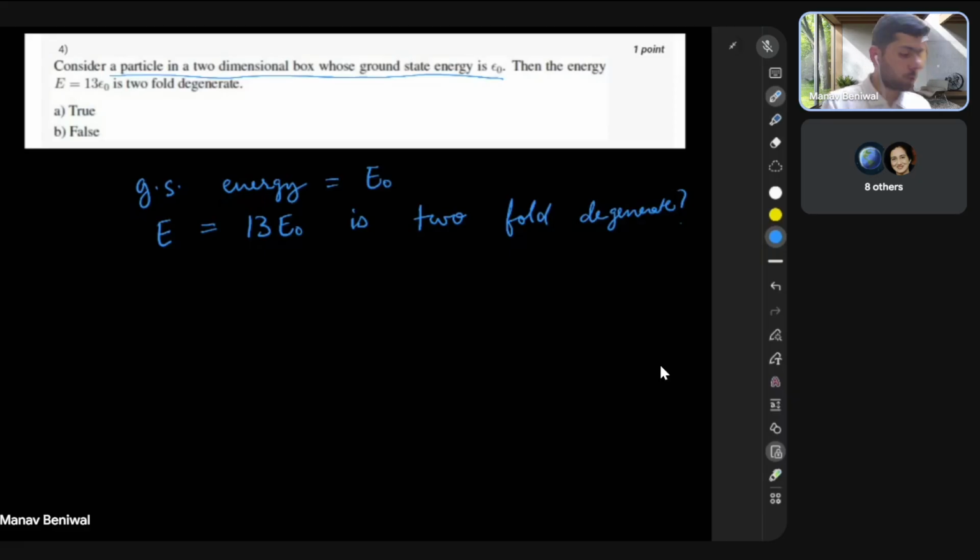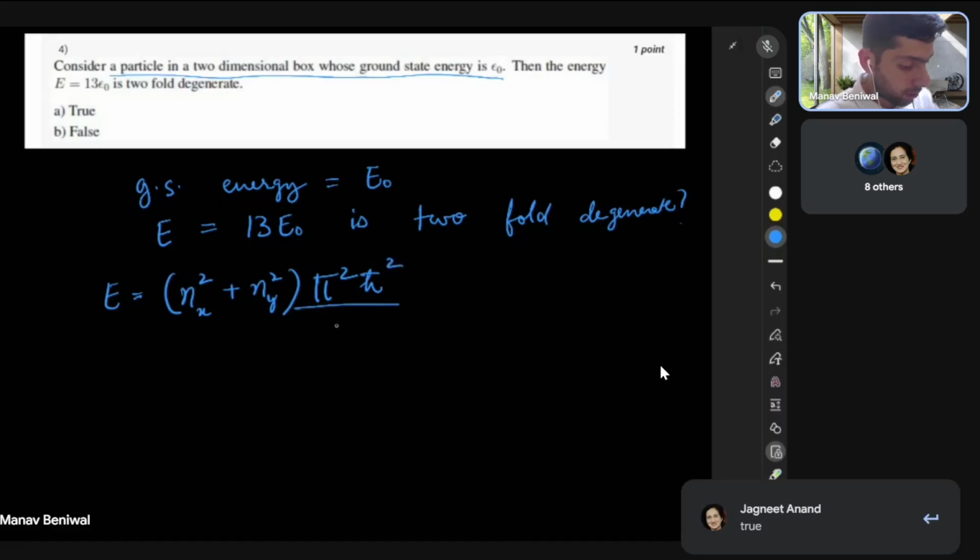How do you write the energy for a 2D box, as we just wrote for a 1D box? For a 2D box, the energy is written as nx squared plus ny squared, and again the same coefficient, pi squared h cut squared over 2 m l squared.